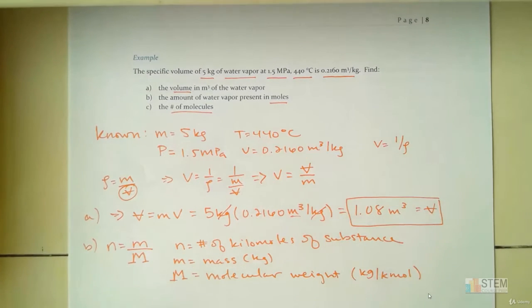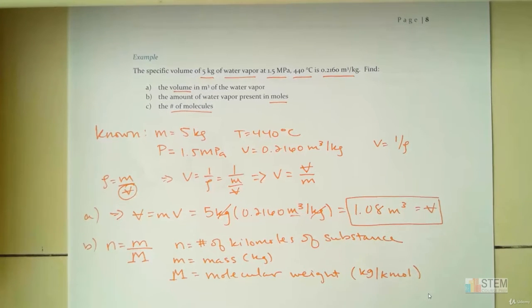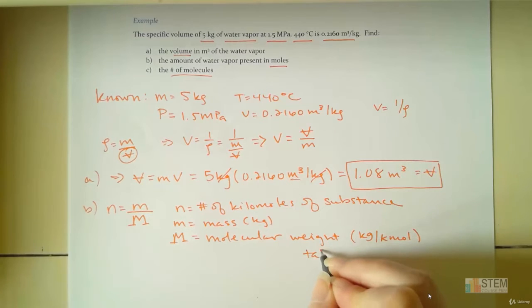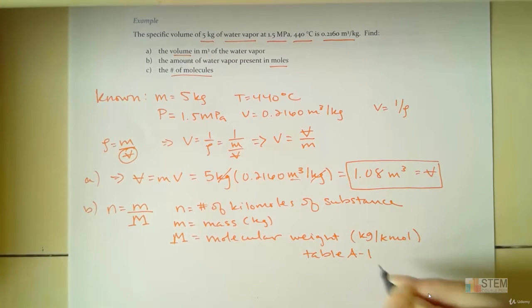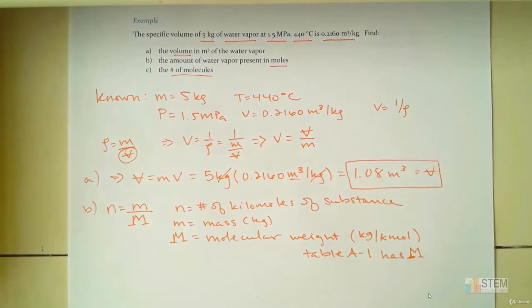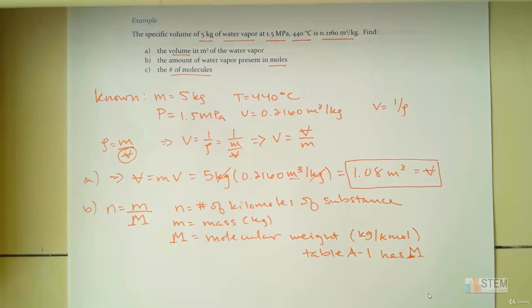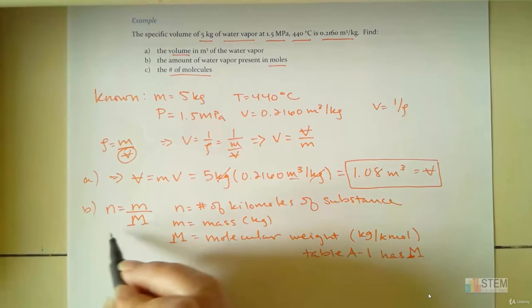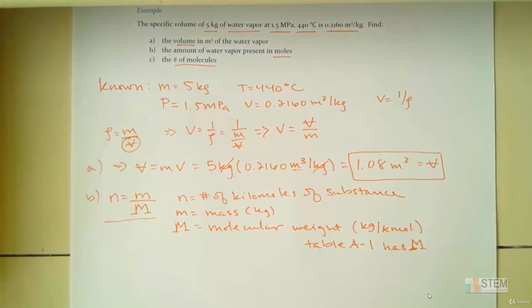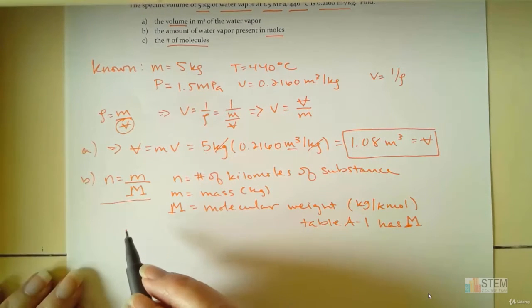Now if you get the book that I am recommending, the one that I use for this course, you can look in table A1 to find molecular weight. If you're not using the book that I have, your book has a table of molecular weights, you'll just have to find out where it is. Okay, so this is going to be a good equation to have in case you're ever asked about moles, things like that.